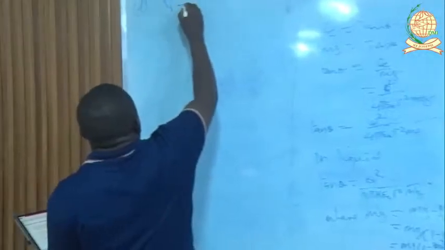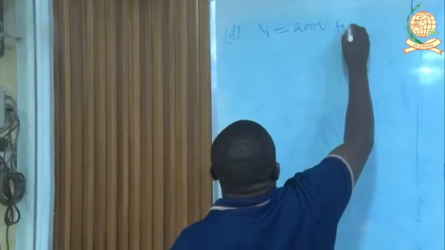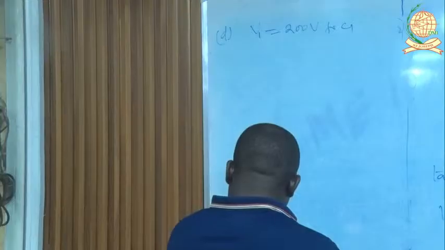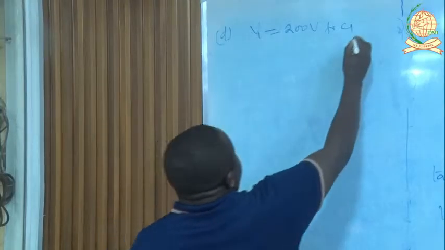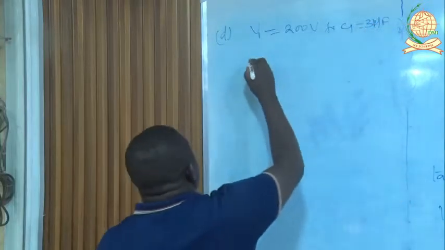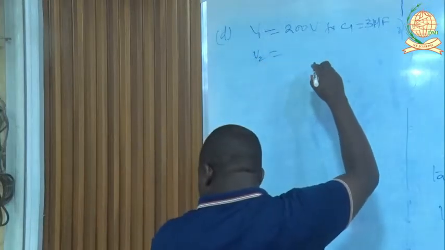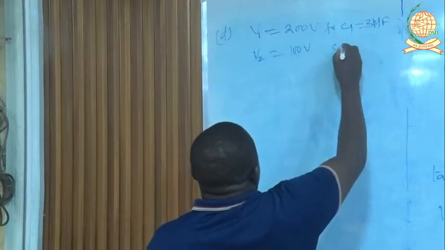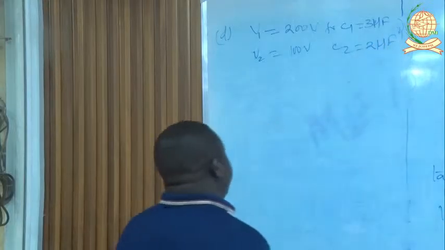So V1 equals to 200 volt for C1. So this C1 equal to 3 microfarad. Another capacitor was charged to a potential of 100 volts. This is having capacitance of 2 microfarad.